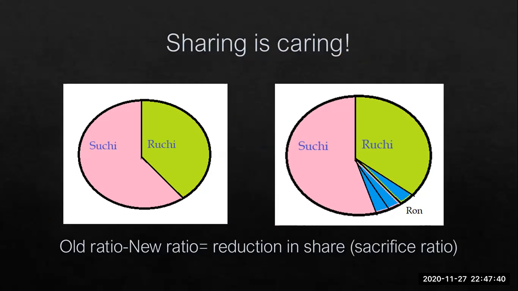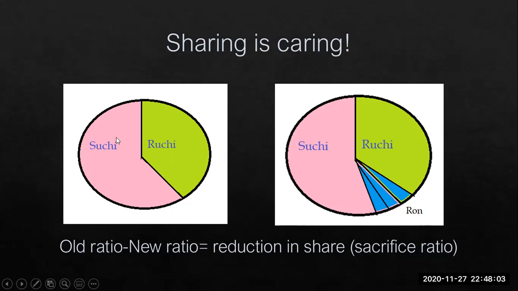One more tip to understand what is sharing, if we are trying to understand the existing problem between Suchi and Ruchi, where Ron is being given some parts from both the partners, what do we understand from this? Suchi was having earlier a larger piece, and from the bigger piece she is sacrificing something.